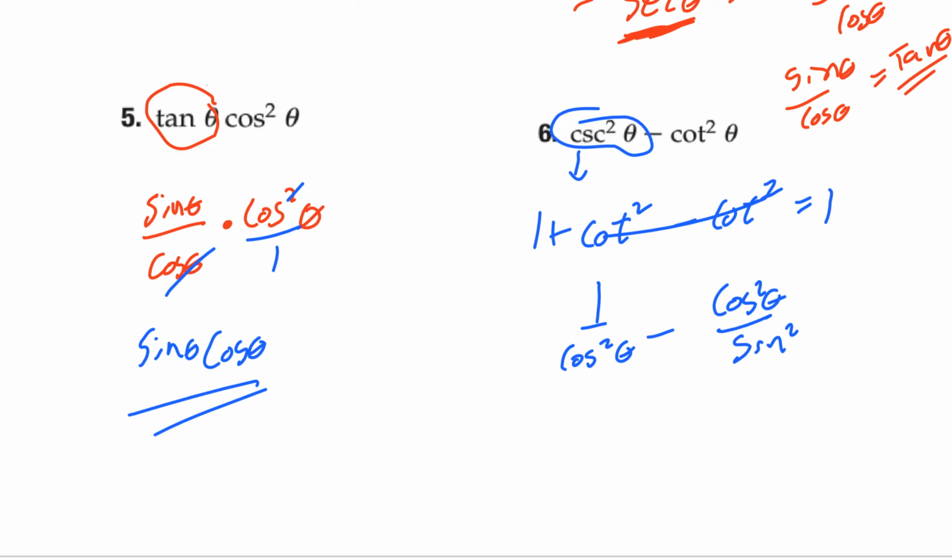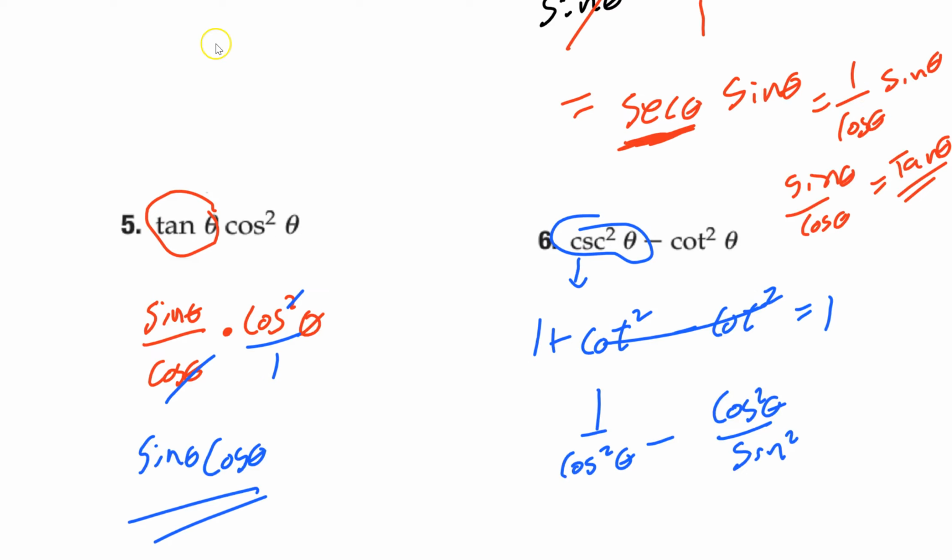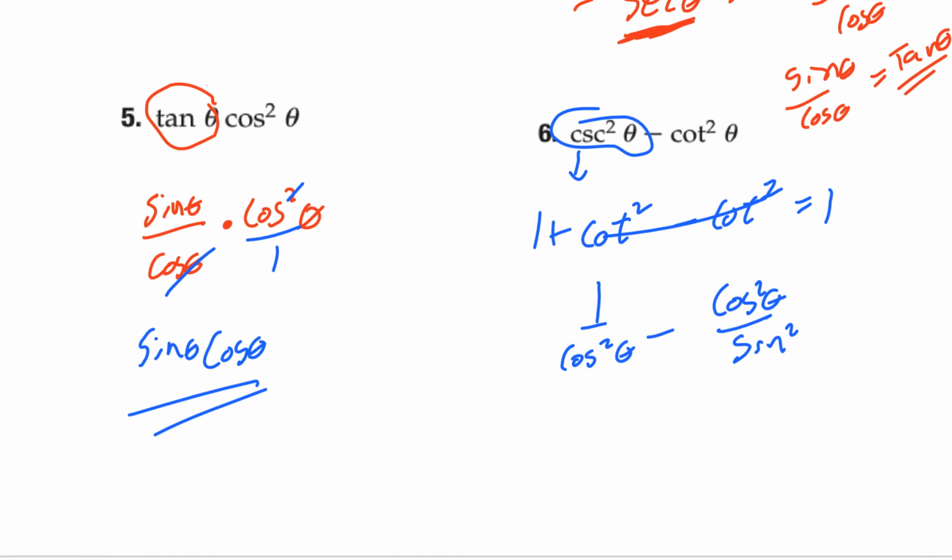My next step is I need a common denominator. Oh, I messed this up. Cosecant is 1 over sine squared. Oh, that's embarrassing. But luckily it makes the problem a lot easier. So this is 1 over sine squared, sorry.